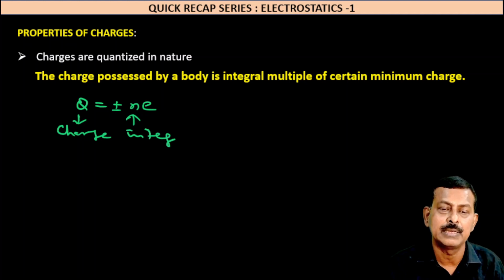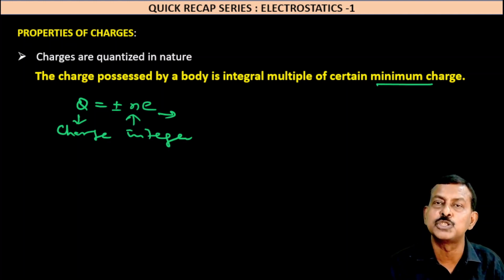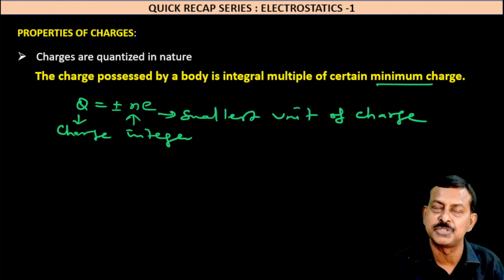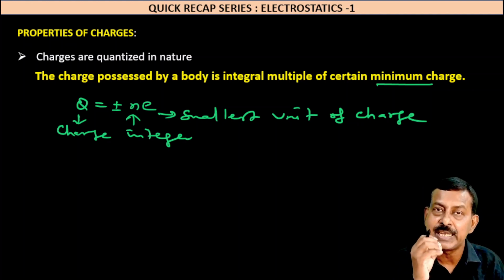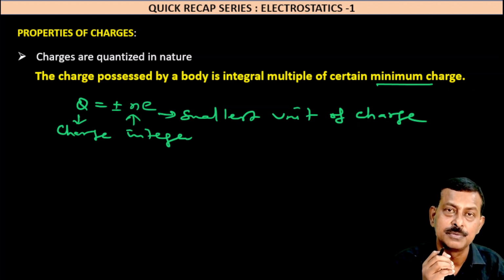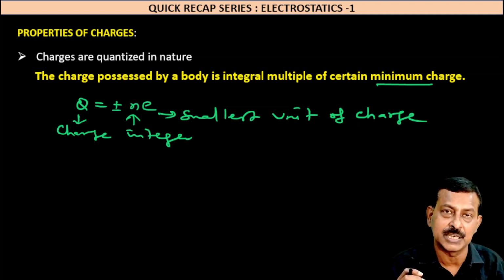N is an integer and E is the smallest unit of charge. This is the smallest unit of charge. And at this moment, we take the charge on the electron as the smallest unit of charge.